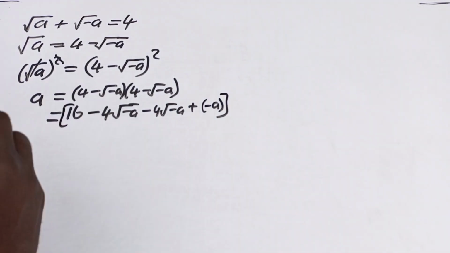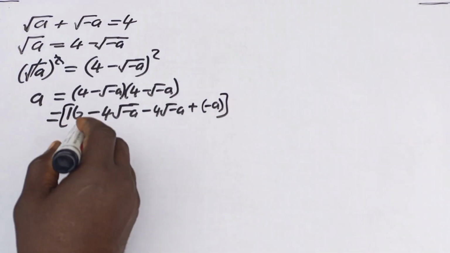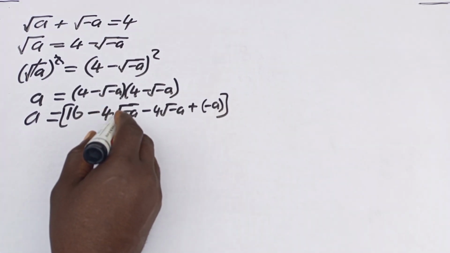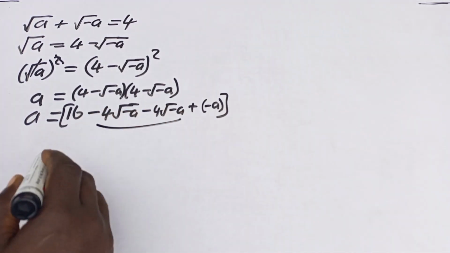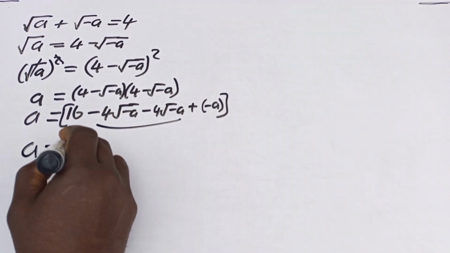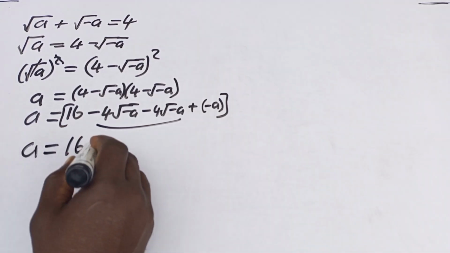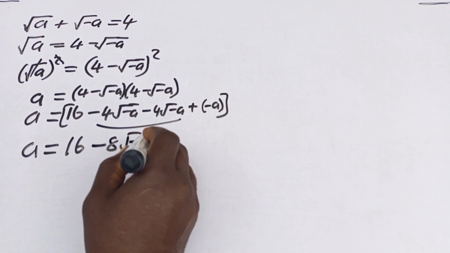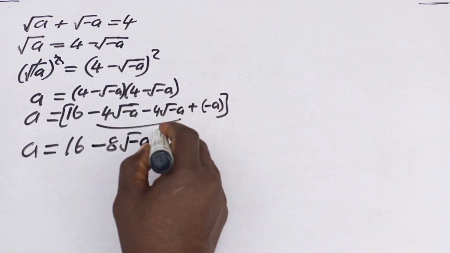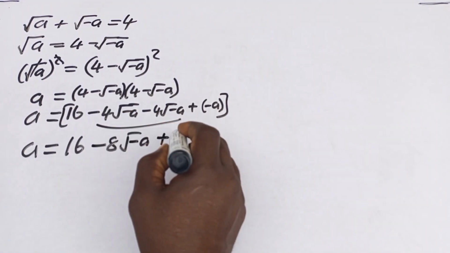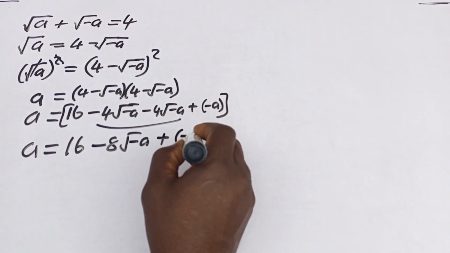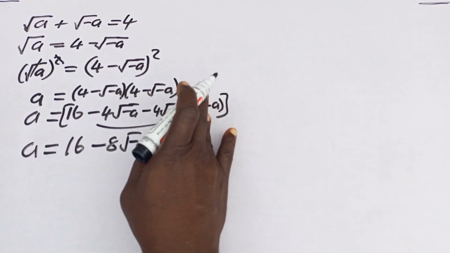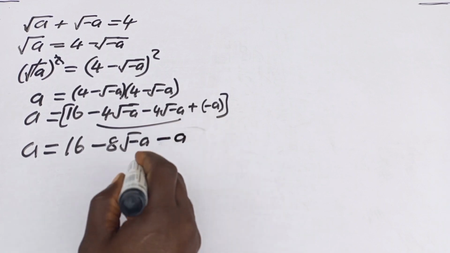Now we have a is equal to all of this. Negative 4 root negative a, the same thing twice, so we have a equals 16 minus 8 root negative a, plus minus a. The plus minus just gives us minus, so we just have negative a.